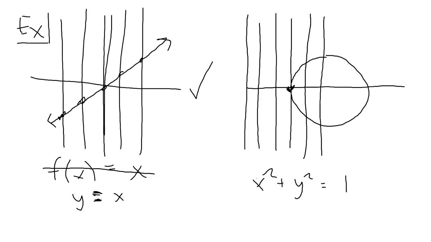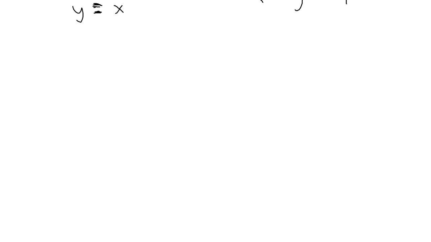But then right here, there's 2 points on the same vertical line, so this graph is not a function. And then this last part of section 2.2 is going to explain why a circle is not a function.